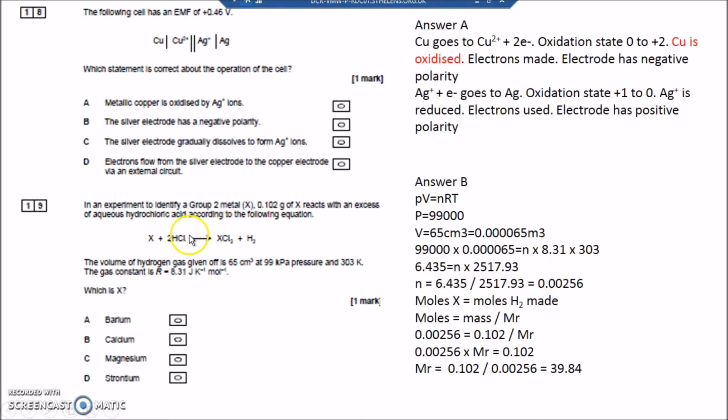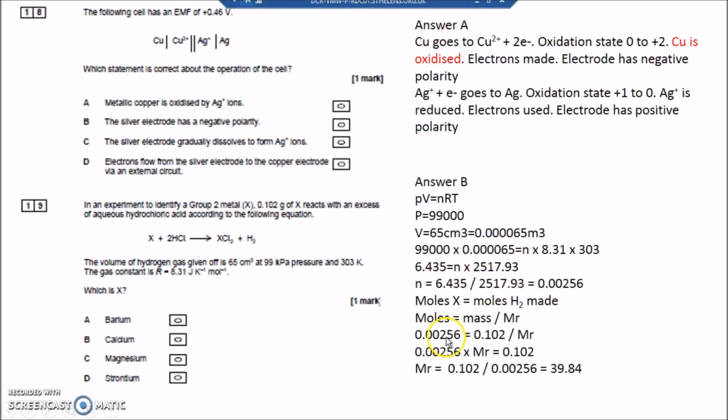Now I want to find out about X. That's why they've given me the equation, because 1 mole of X makes 1 mole of hydrogen. So the moles of X equals the moles of hydrogen, so the moles of X also equal 0.00256. I've been given a mass.